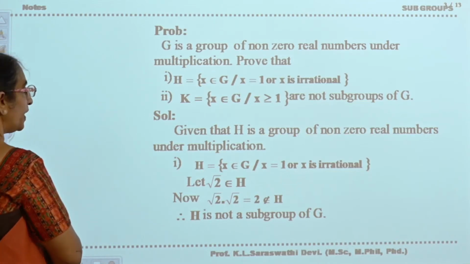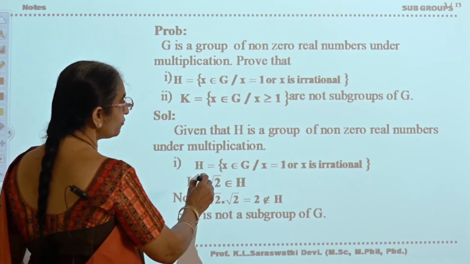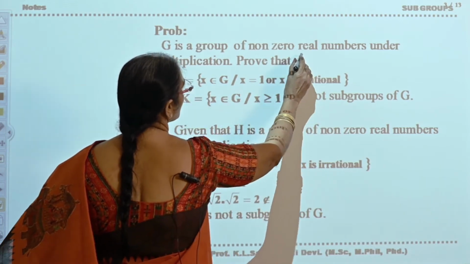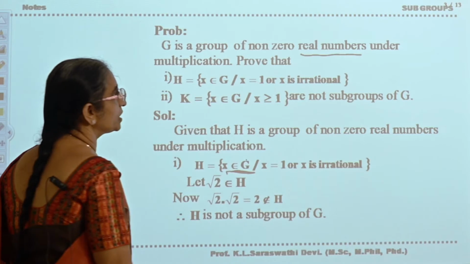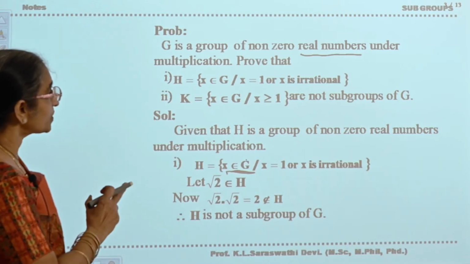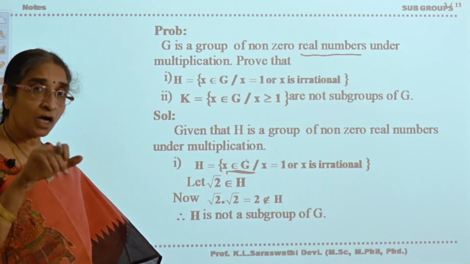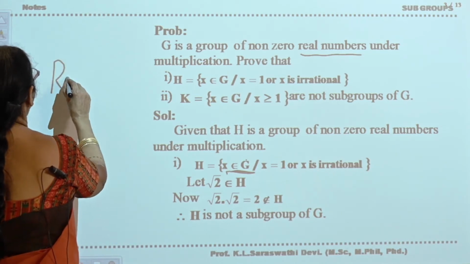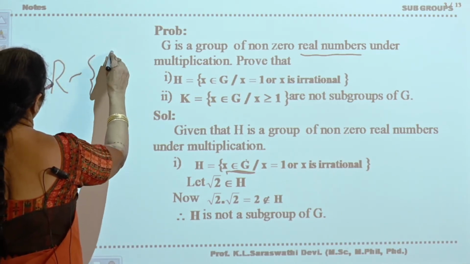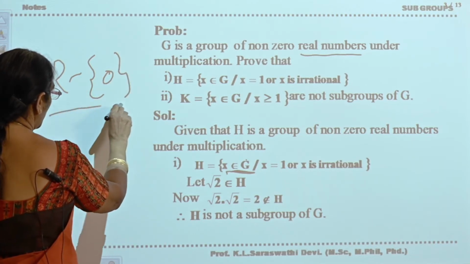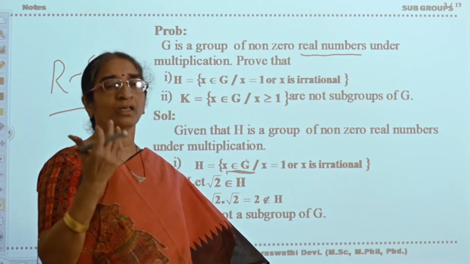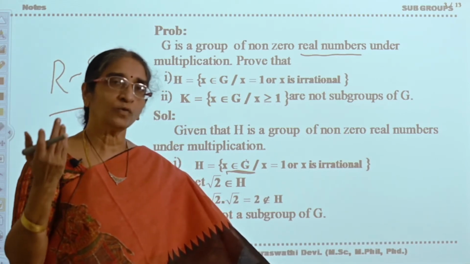How is H defined? H is the set of all x belongs to G. What is G? G is the set of non-zero real numbers, which forms a group with respect to multiplication. That means you are eliminating 0. See girls, usually when you take the operation as multiplication, in that set 0 won't be there.